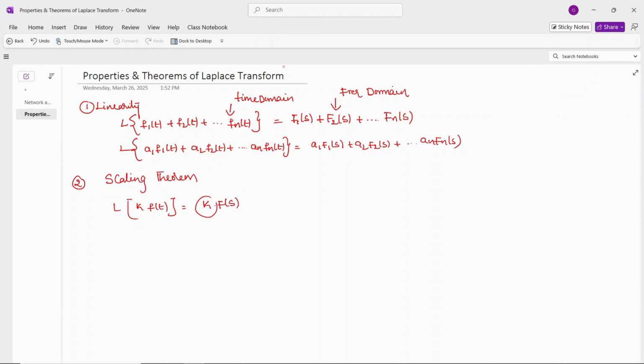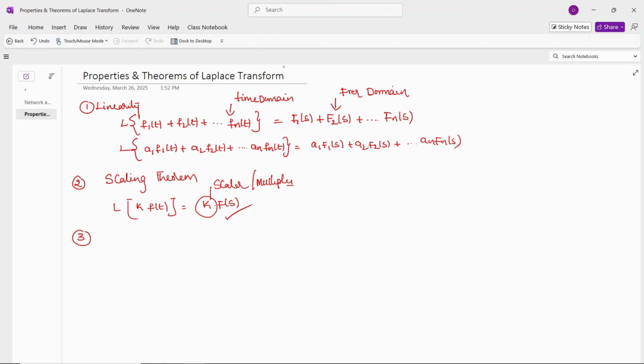This k is called the scalar value or scaling factor. So Laplace of k into f of t, where k is the multiplier or scalar, when it is multiplied k times, then F of s is also k into F of s. This is the second theorem and second property of Laplace.